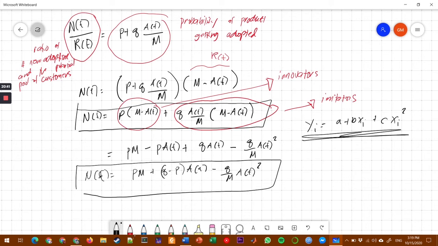If you cut the x squared term, this is your linear equation, your line, right? y equals mx plus b or a plus bx. In our case, a is just Pm, b is just q minus p, and c equals negative q over m.